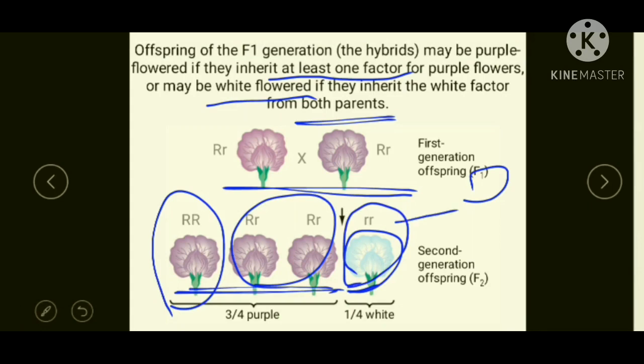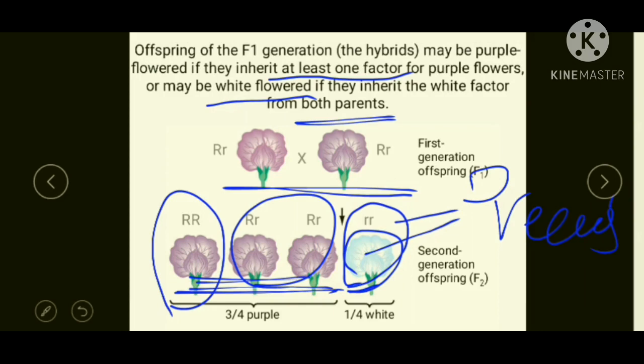Physically, we get 3 plants with a purple flower and 1 plant with a white flower, which is recessive. So we conclude that a white flower is recessive, and a purple flower is dominant. Why? Because an organism.